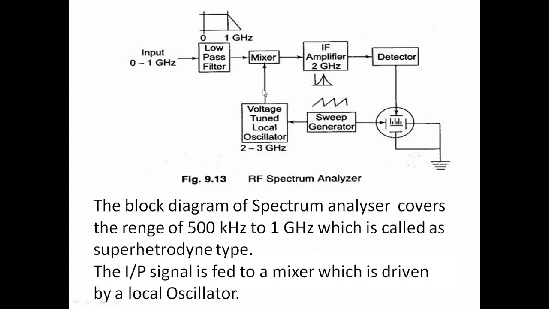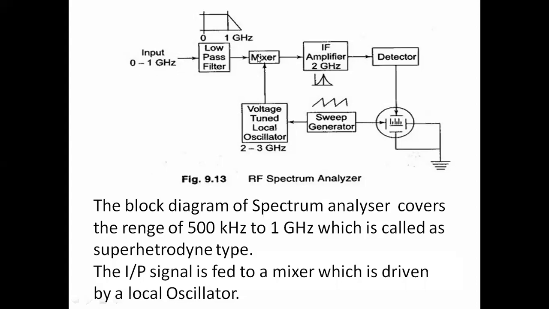Based upon the frequency components, the mixer produces the difference signal and the summation signal, which are based upon the local oscillator frequency. From that we get the frequency components of the signals present in the test signal.